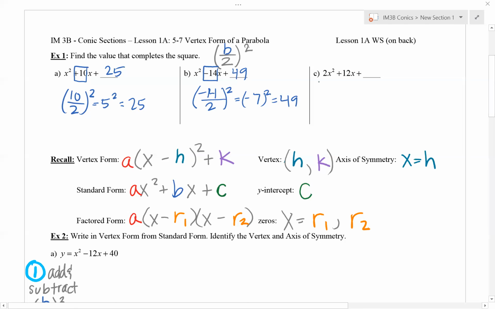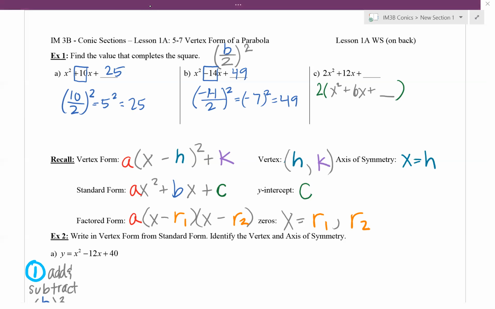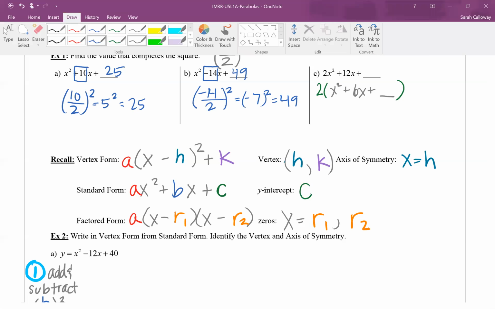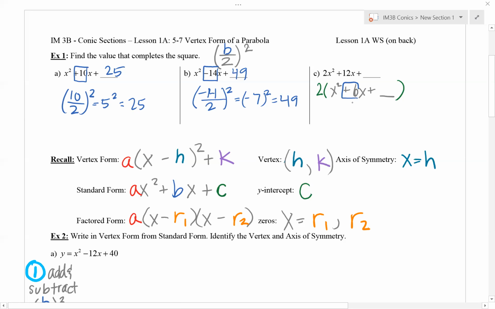So if I factor out the 2 from what I have, I think about this as x squared plus that becomes 6x plus something. Now I'm looking at b as being 6 instead of being 12.